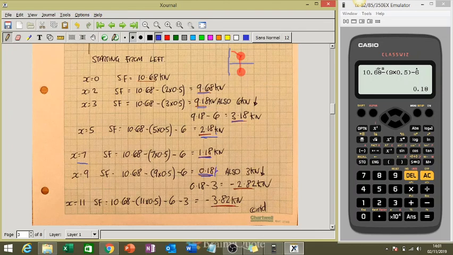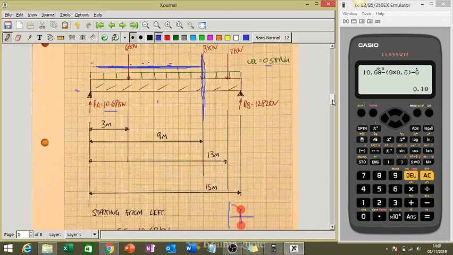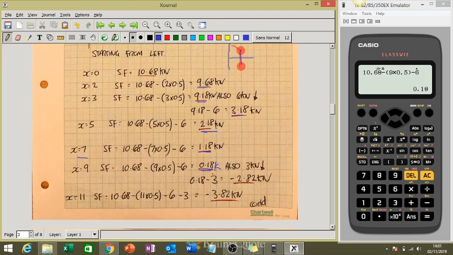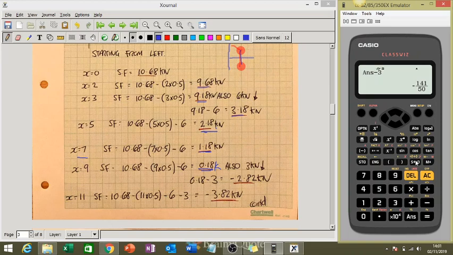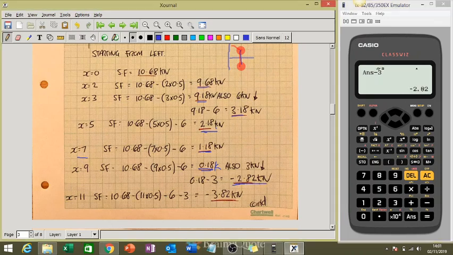I forgot to put the kilo. So that's that point there, for example, and then I've got the 3 kilonewtons to bring it straight down like that, because 3 kilonewtons kicks in there, look. So 0.18, take away the 3, gives me 2.82. So we've got 2.82 kilonewtons. So that point and that point.